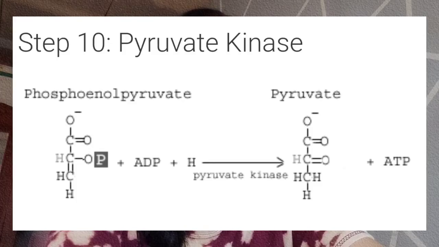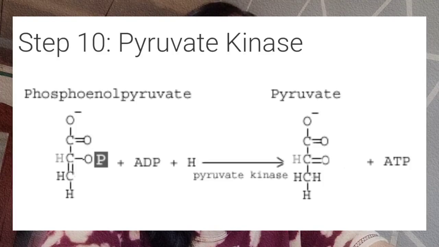Since there are 2 molecules of PEP, here we actually generate 2 ATP molecules. Phosphoenol pyruvate transfers its high-energy phosphate group to an ADP molecule to produce ATP and pyruvate. The enzyme involved is pyruvate kinase.